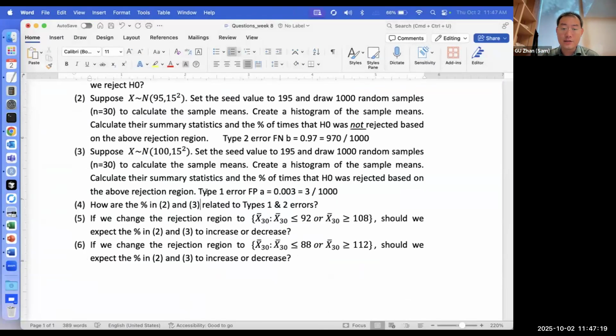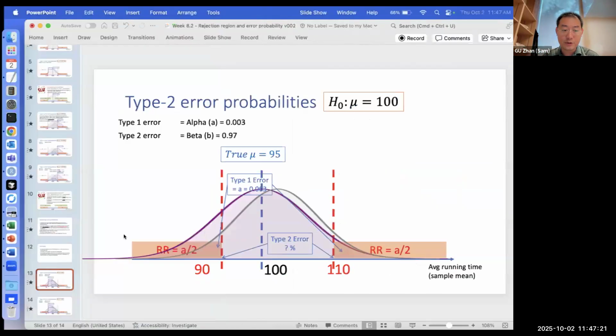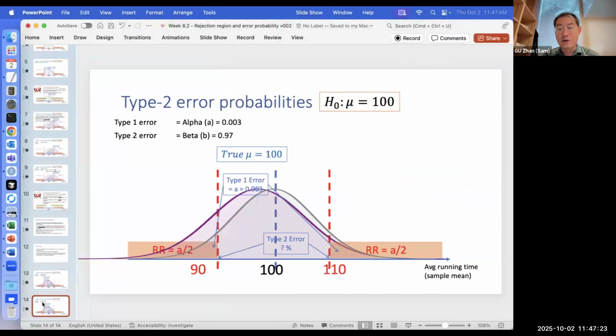3.3 is your type 1 error. When you're calculating type 1 error, the true mean is 100, and your null hypothesis is also a true mean equal to 100. So what is the number of sample means that can potentially fall into the rejection region? If they fell into it, that means we just observed something very extreme.